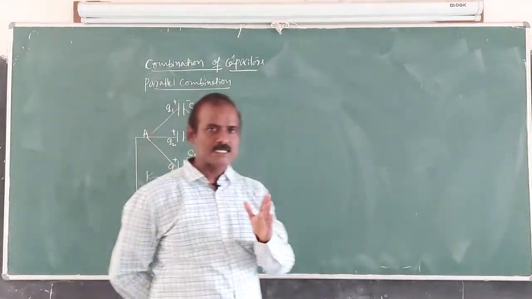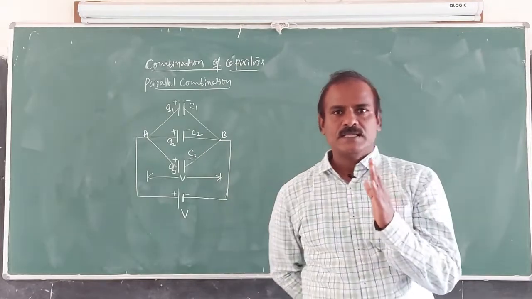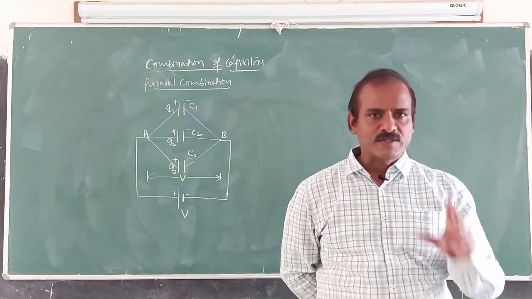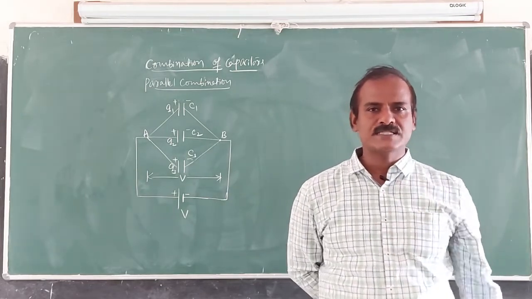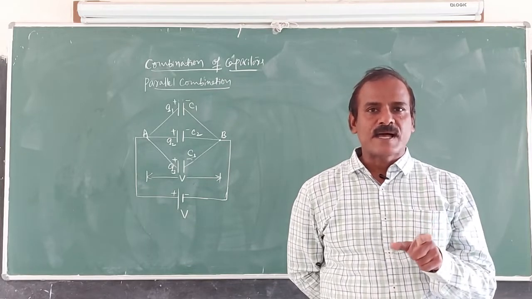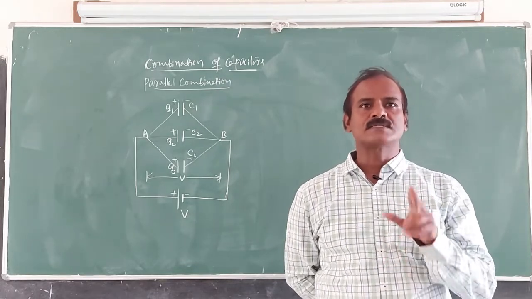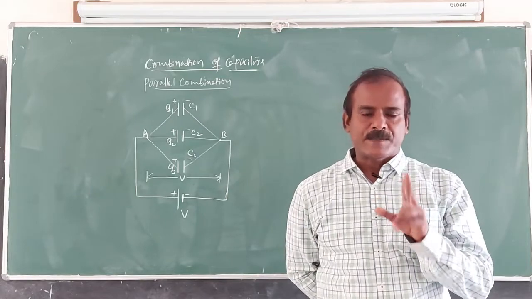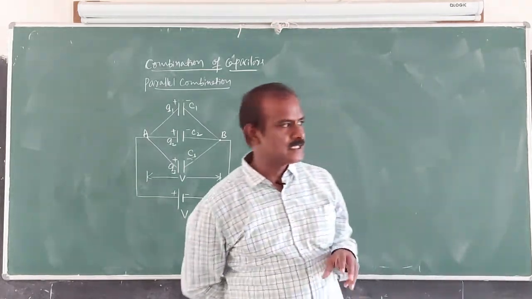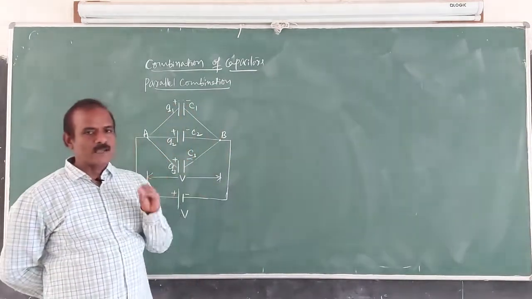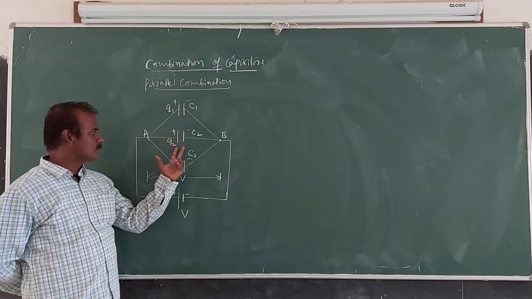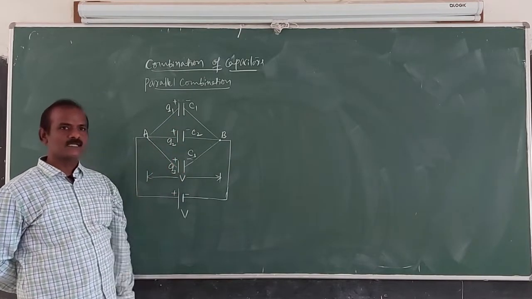Well students, what is a parallel combination? A number of capacitors are said to be combined in parallel if they are connected between the same two points such that PD across each capacitor is the same. Potential difference across the plates of all capacitors is the same.